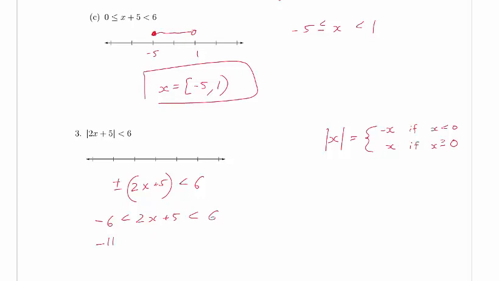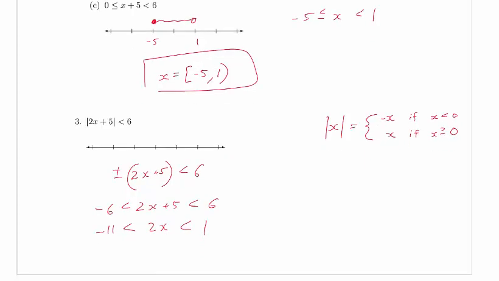And so we get negative 11 less than 2x less than 1. Divide through by 2, and you get negative 5.5 is less than x, which is less than 0.5. I have just decided to switch to decimal point simply for convenience.